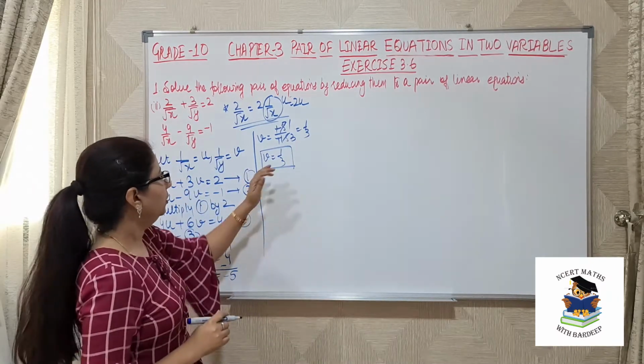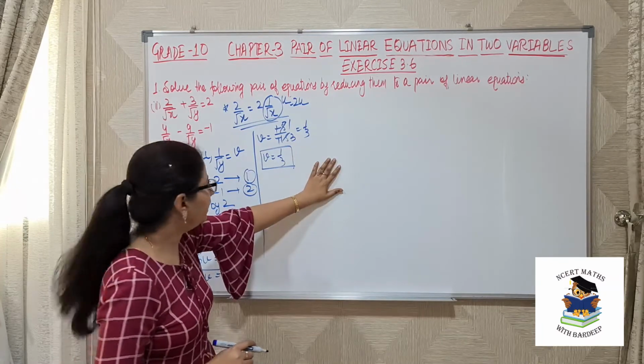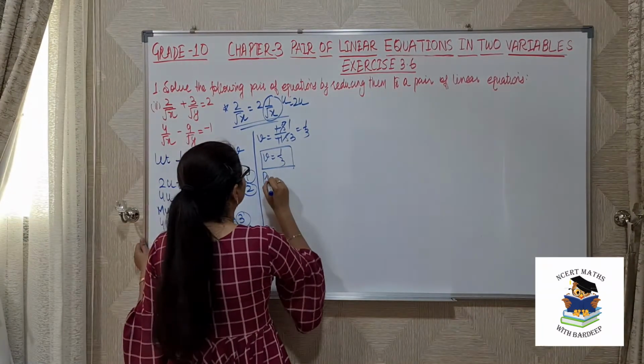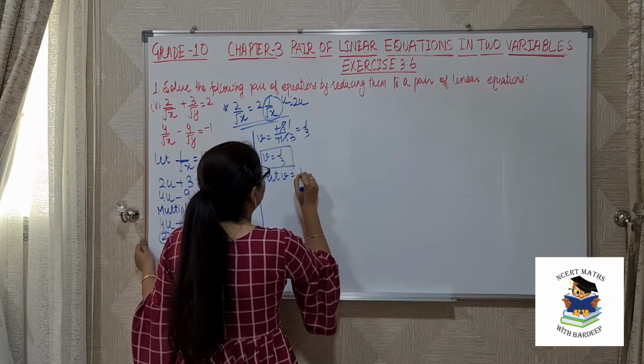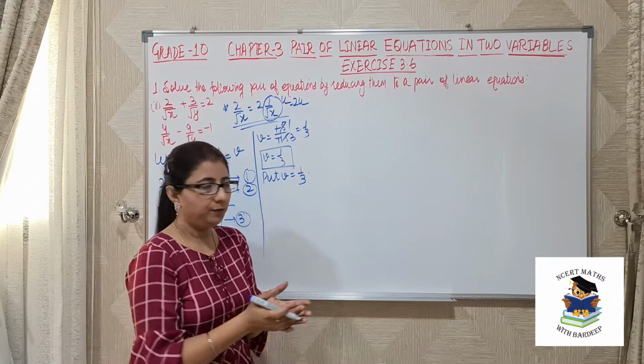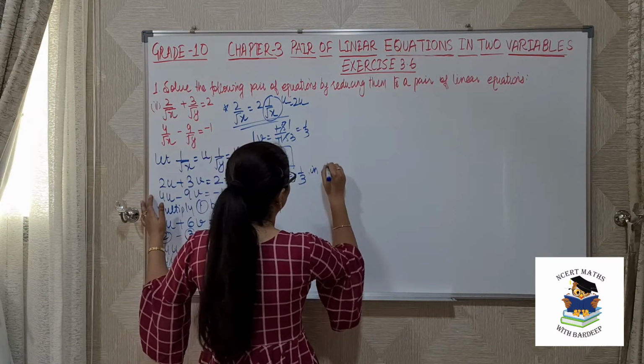Right? So again I am mixing both methods. I will substitute this value in the first equation, you can use either. When it is not mentioned, you can use any method. You can even combine more than one method. So v equals 1 by 3 in the first equation.